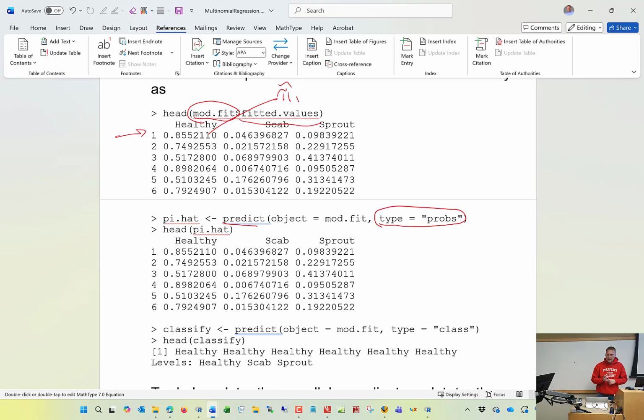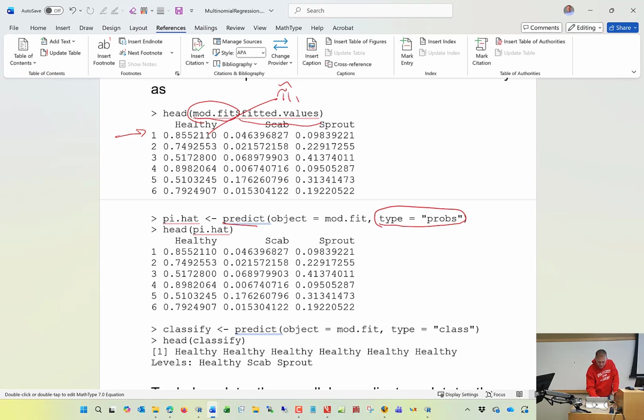Using the predict function is very similar to what you've seen before with the LM function and the GLM function. Again, one of the purposes of R is to use a common language set so that what you do with one kind of model can be applied to another one. And so that's why we see predict and fitted dot values used.